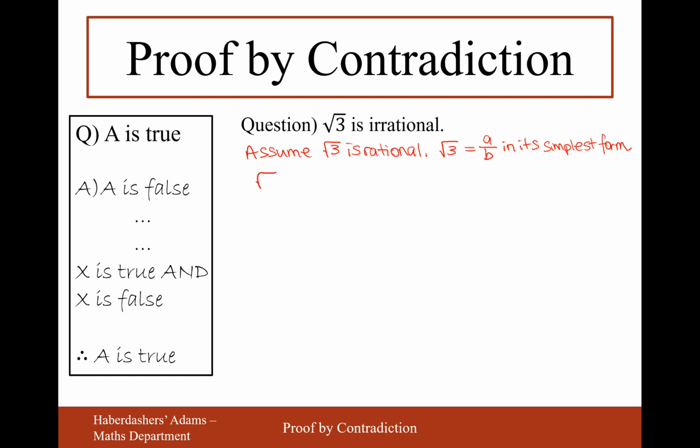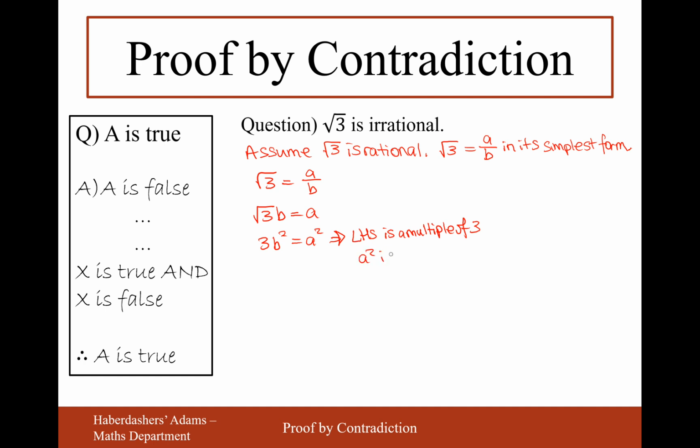So let's now start with some algebra, and then times the b onto the other side, and now square both sides. So now from this little algebraic statement here, the left hand side is a multiple of 3, and so is the right hand side, because if the left hand side is equal to the right hand side, then the right hand side must also be a multiple of 3.